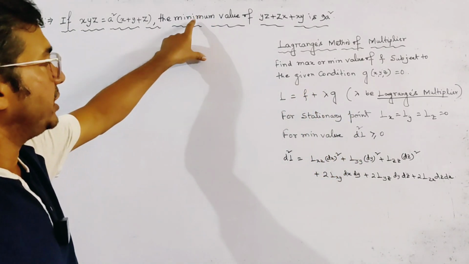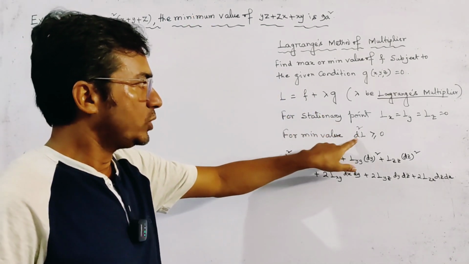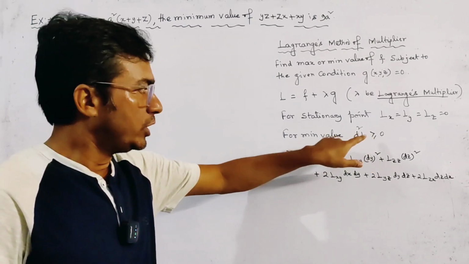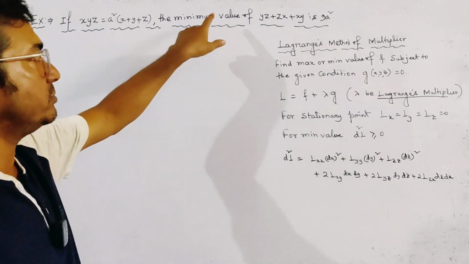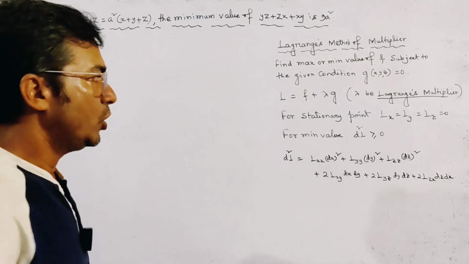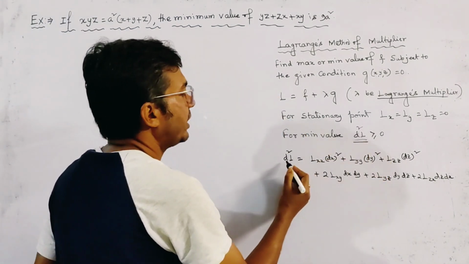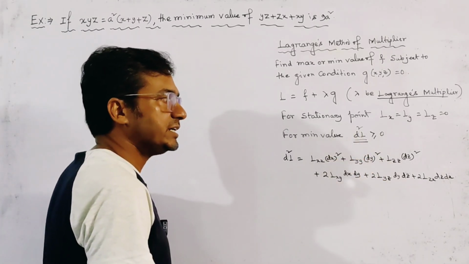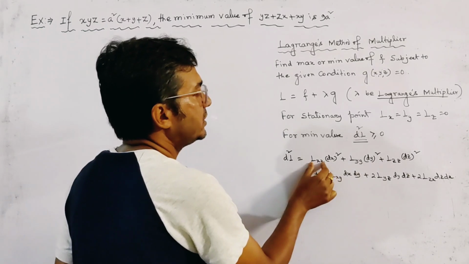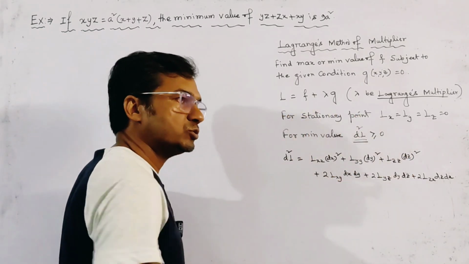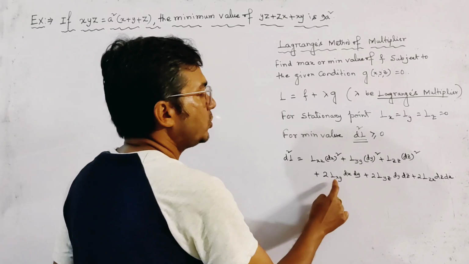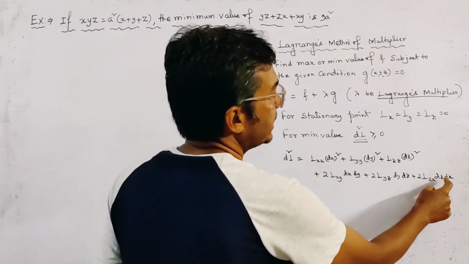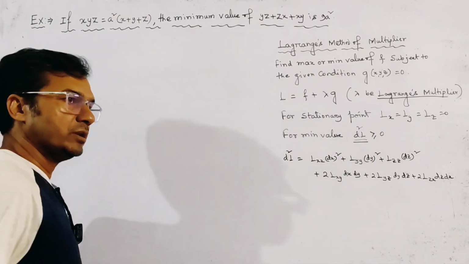Since we want the minimum value, d2L must be greater than or equal to 0, that is, positive definite. d2L is given by Lxx dx square plus Lyy dy square plus Lzz dz square, these being second partial derivatives, plus 2 Lxy dx dy plus 2 Lyz dy dz plus 2 Lzx dz dx. This is the expression of d2L.